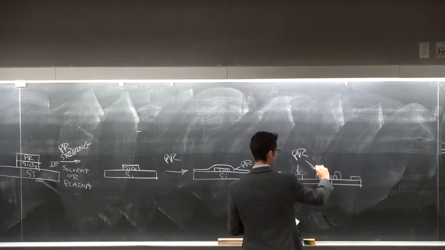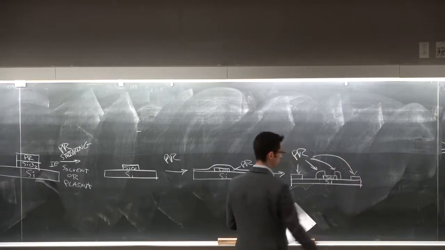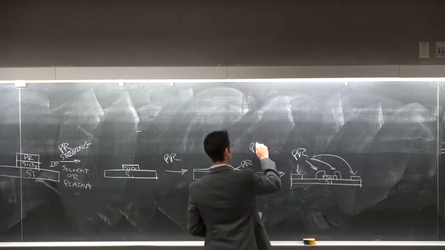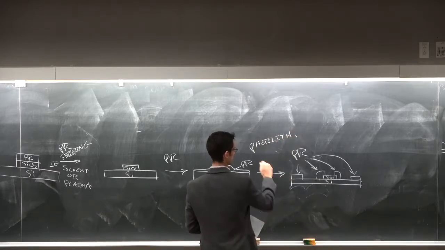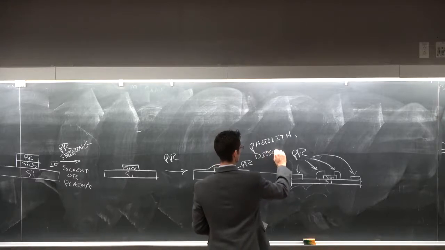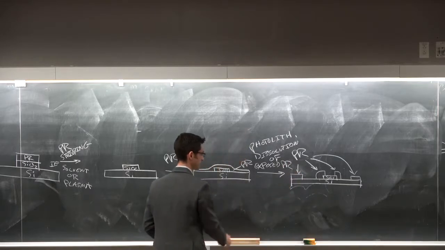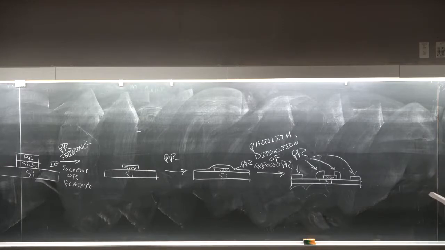So this is the photolithography step and the etching, and the dissolution of the exposed regions of the photoresist. So I skipped a couple steps here. So now we're getting very close to the MOSFET structure, right?